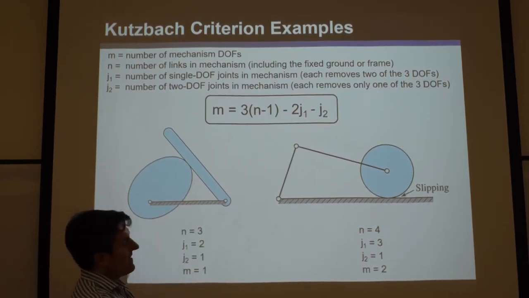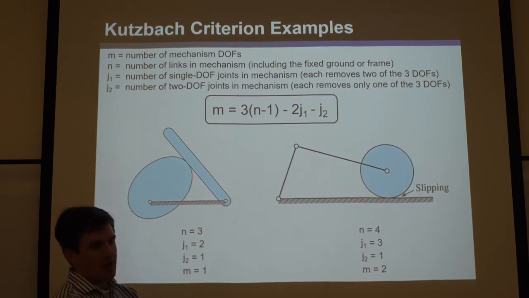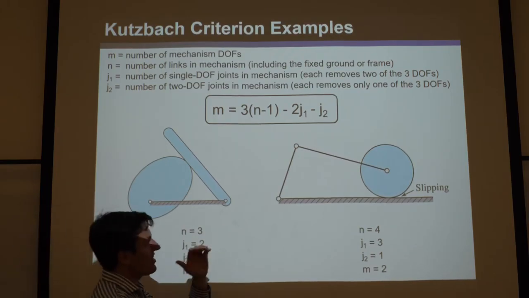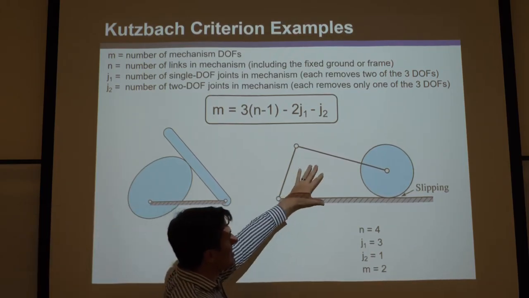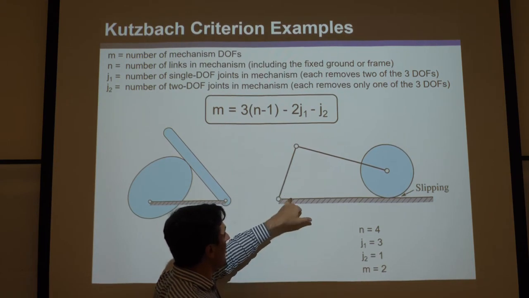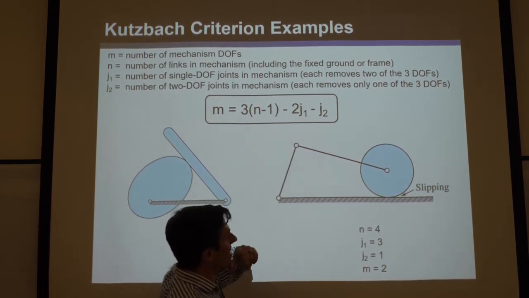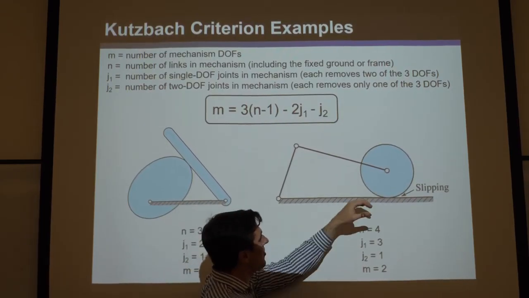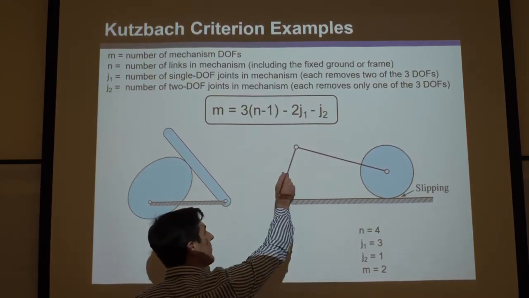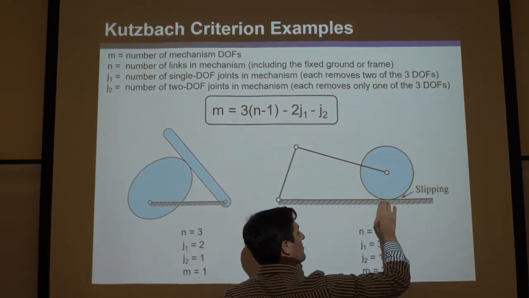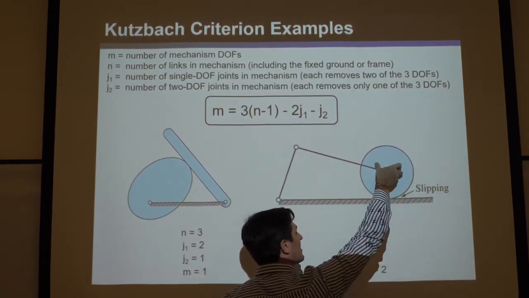Here's where Kutzbach gives you the correct answer, but sometimes your intuition won't, because you ask yourself, how many parameters does this need to fully define it? Well, if I define this parameter, would this be fully defined without breaking the joint? Well, no, because if I locked this fixed, this guy could still rotate, and it would be sliding on this as this rotates.